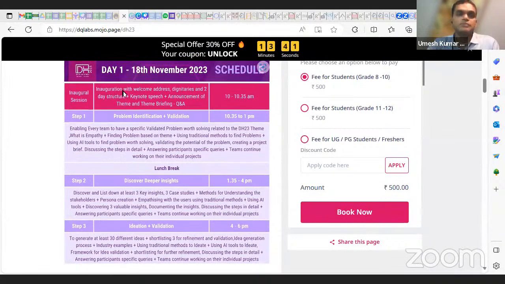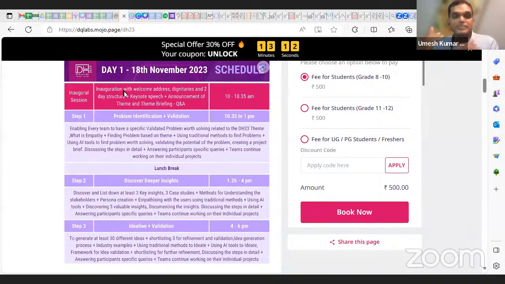Day 1 starts off with a little inauguration, and the theme for DH2023 will be announced between 10 and 10:35. Then on day 1 we'll be doing 3 steps of the design process. There are 6 steps in total, so 3 steps on day 1 and 3 steps on day 2.